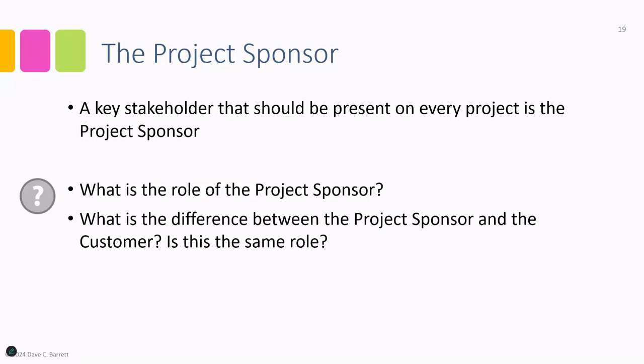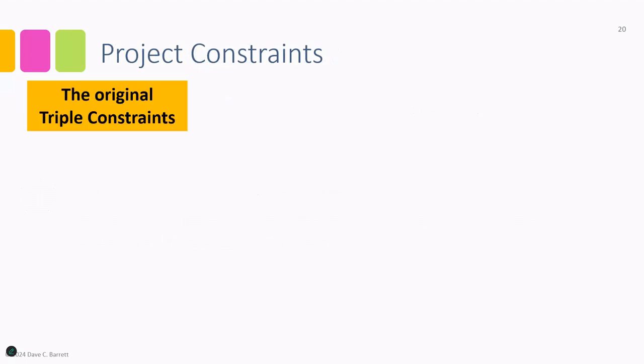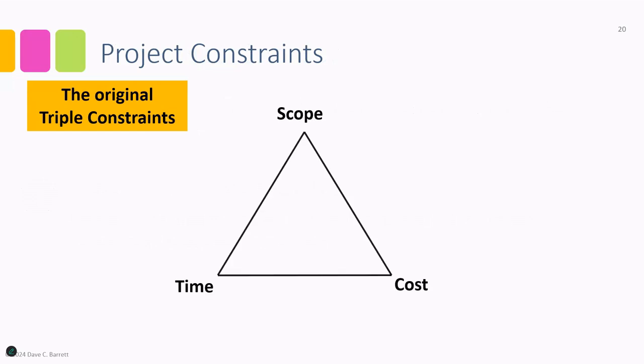Key concept in understanding project management is the idea of project constraints. Now, early on when project management was being developed, there was recognition that there are three main constraints referred to as the triple constraints, and they consist of scope, time, and cost.